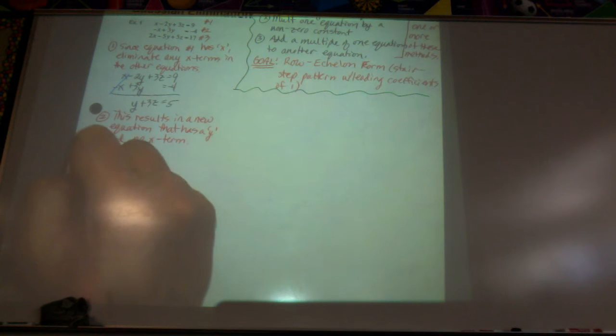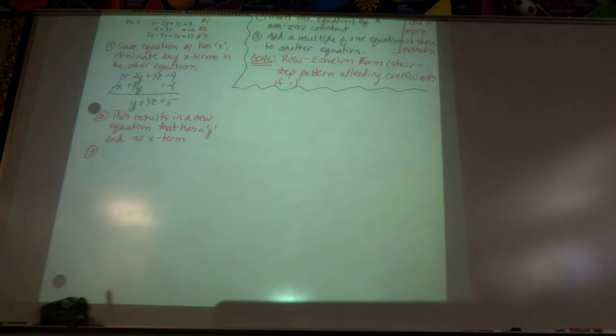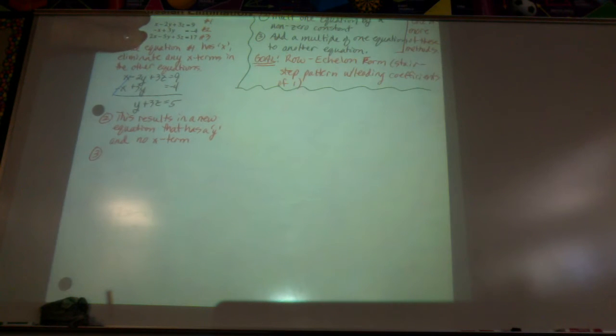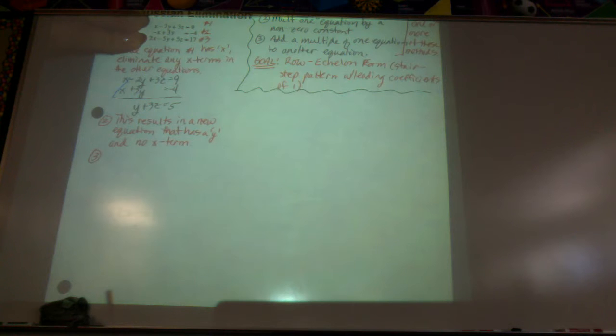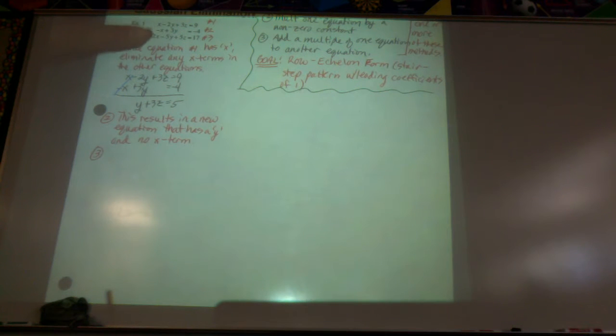All right, step 3, or note 3. If I want to eliminate this 2x, I'm still going to use the first equation right here. So what do I multiply the first equation by to get rid of the x term? Negative 2.